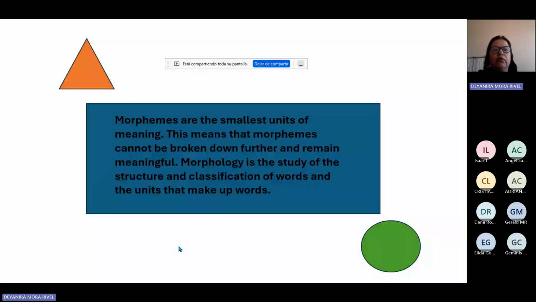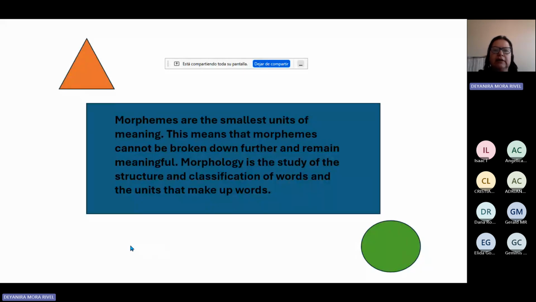So we're going from sounds to words. And words in our languages, because our words are very different in the languages of the world, are identified as the smallest unit of meaning.